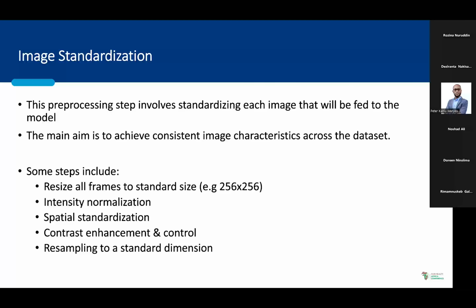Then another thing is image standardization. Before you feed the data to the model, you have to bring all the data into a consistent format, so that the model doesn't get confused by the diversity. Some of the steps that you can do are resizing frames to a standard size such as 256 by 256, and intensity normalization.